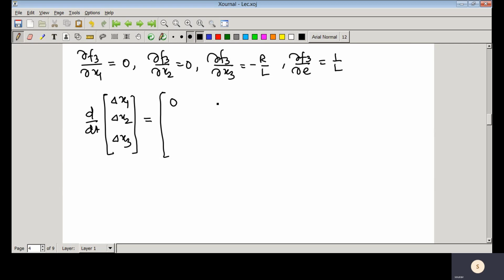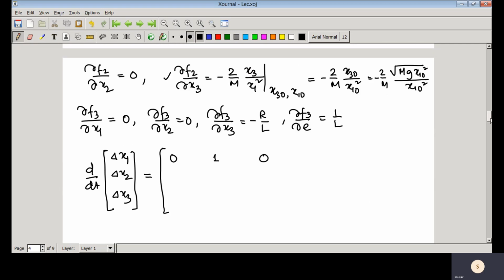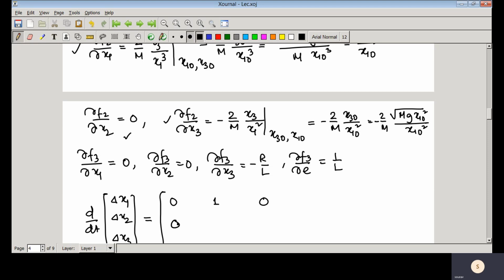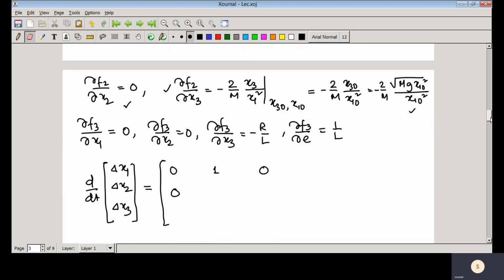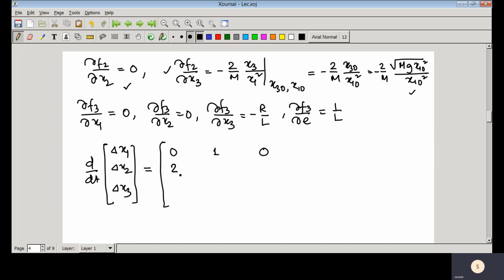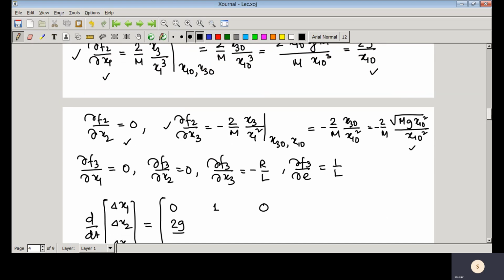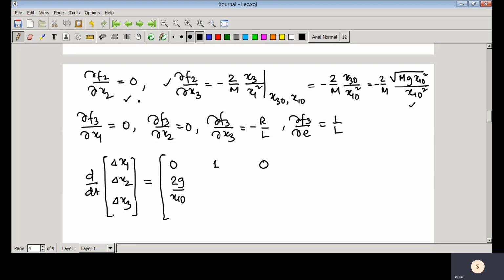Then del f2 by del x1 is 2g by x10, del f2 by del x2 is 0, and del f2 by del x3 is minus 2 by m times the square root of mg by x10. All these values are calculated at the equilibrium point, so we are linearizing the system at the equilibrium point.